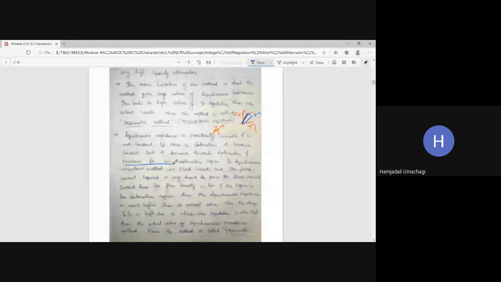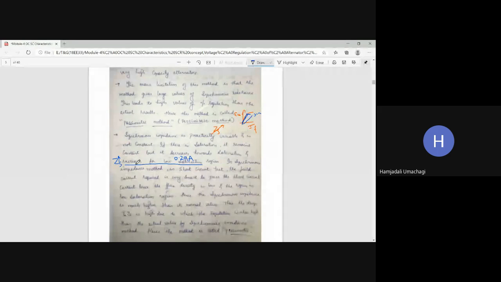Low saturation indicates what? In your laboratory experiment, just 0.29 ampere is a very low saturation point. But here the value of ZS is increasing. ZS is increasing for low saturation.